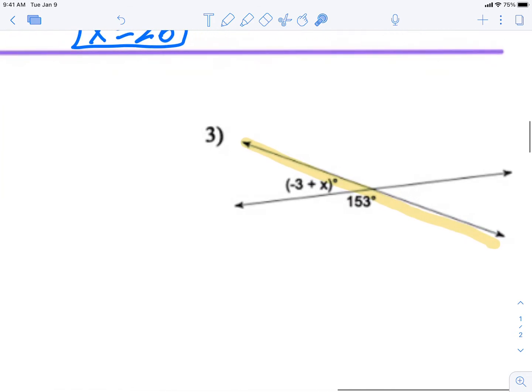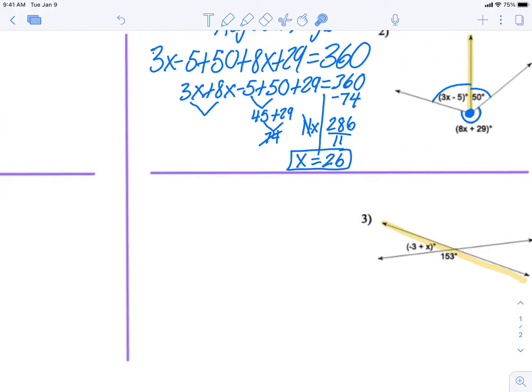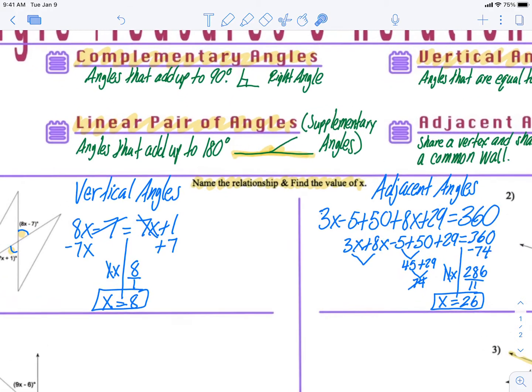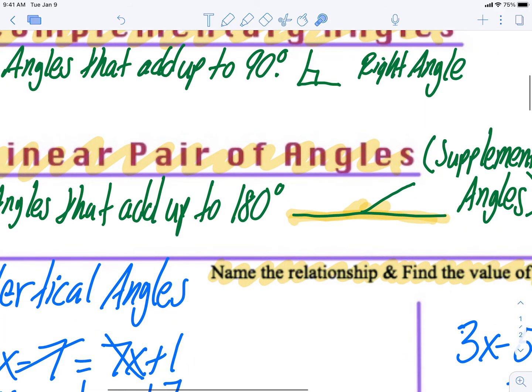If you notice, look at that yellow line there. What kind of line is that? It's a straight line, right? And we all know that a straight line is equal to 180 degrees. So let's go back up to our notes. Where is it? A straight line? Look at that right there.